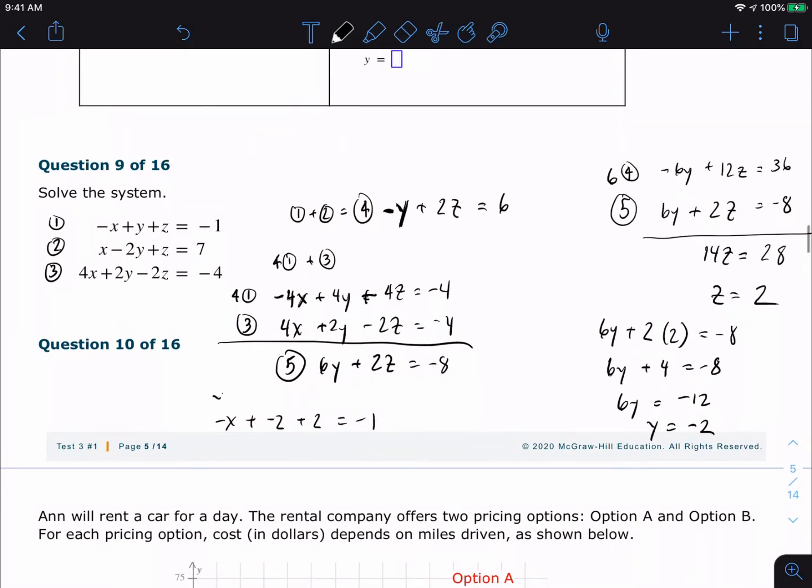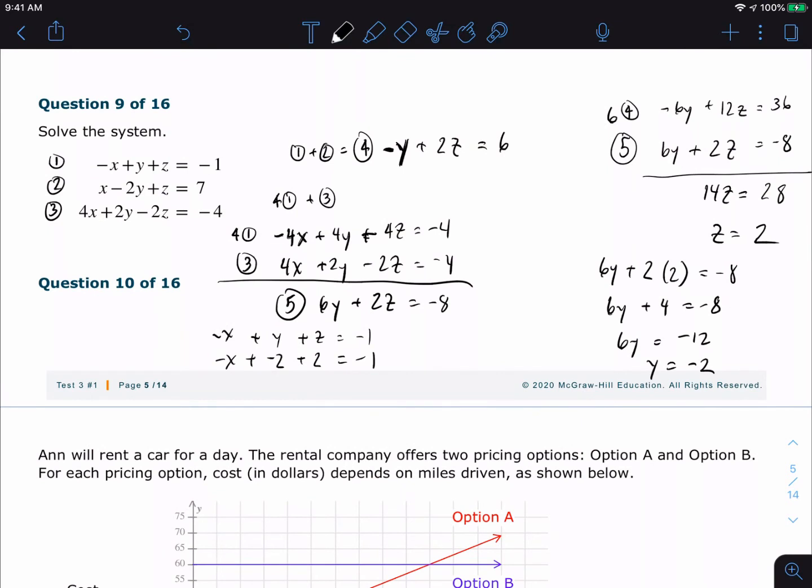Because it was negative x plus y plus z is equal to negative 1. But I already have those guys, so I'm going to get negative x. Negative 2 plus 2 is 0, so it's negative 1, and x is equal to 1. So my answer is 1, negative 2, 2. Because the way this is written, it's x, y, z.